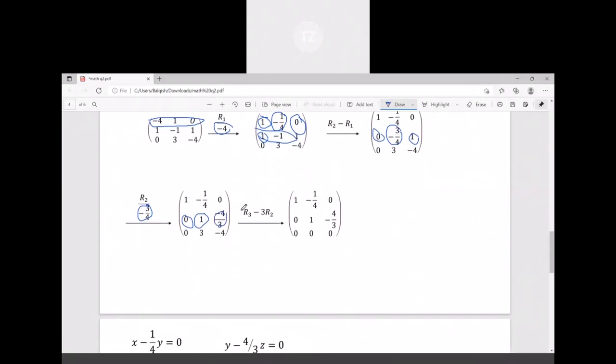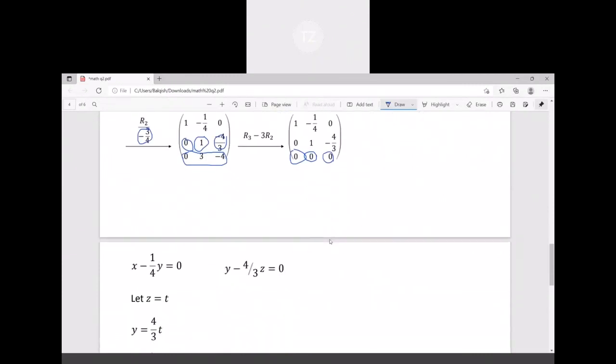Lastly, row 3, we minus with 3 multiplied by row 2. So 0 minus 0, 0. 3 minus 3, 0. -4 minus -4, 0. So the echelon matrix is 1, -1/4, 0, 0, 1, -4/3, 0, 0, 0.